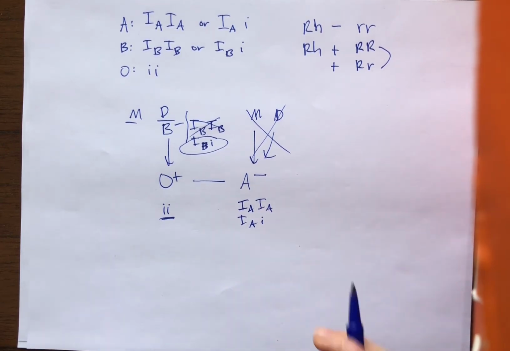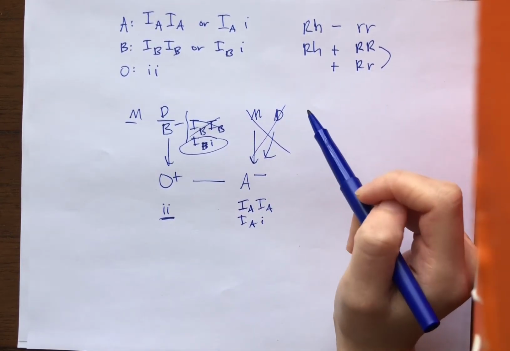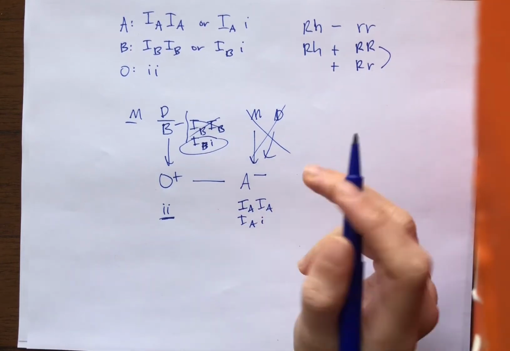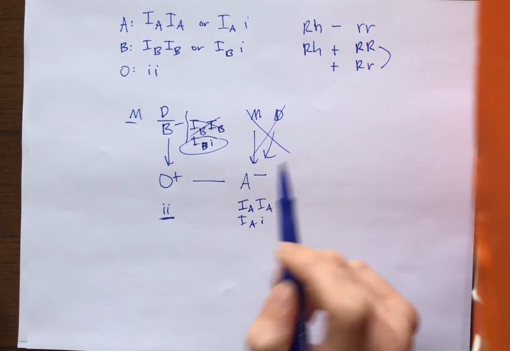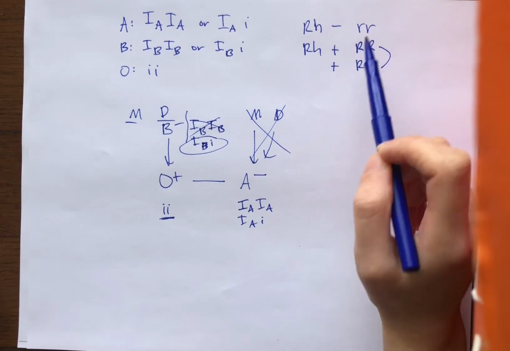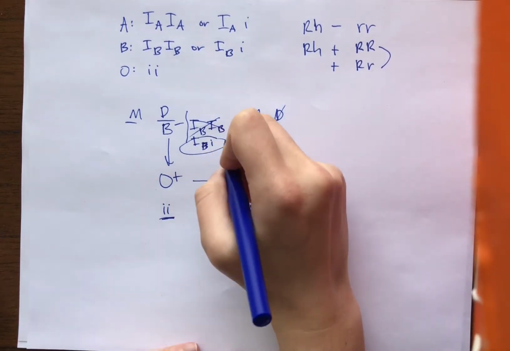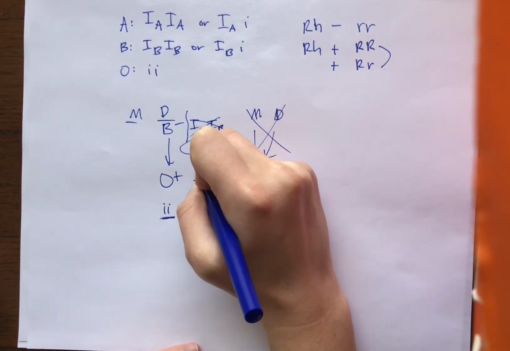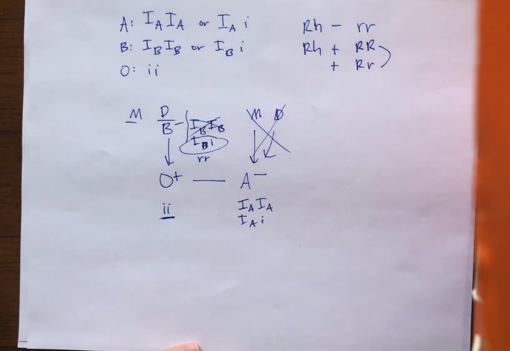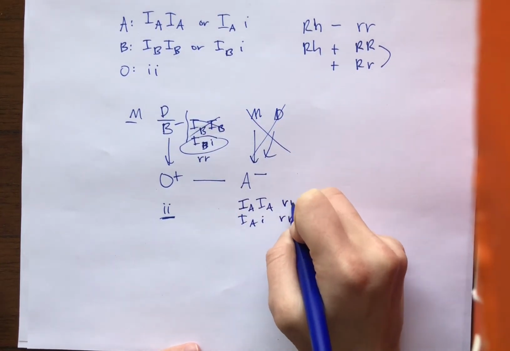Next thing is we can figure out the Rh alleles. For dad, he is negative, and negative is recessive, so he would have to be small r, small r. Same thing for the man, small r, small r.